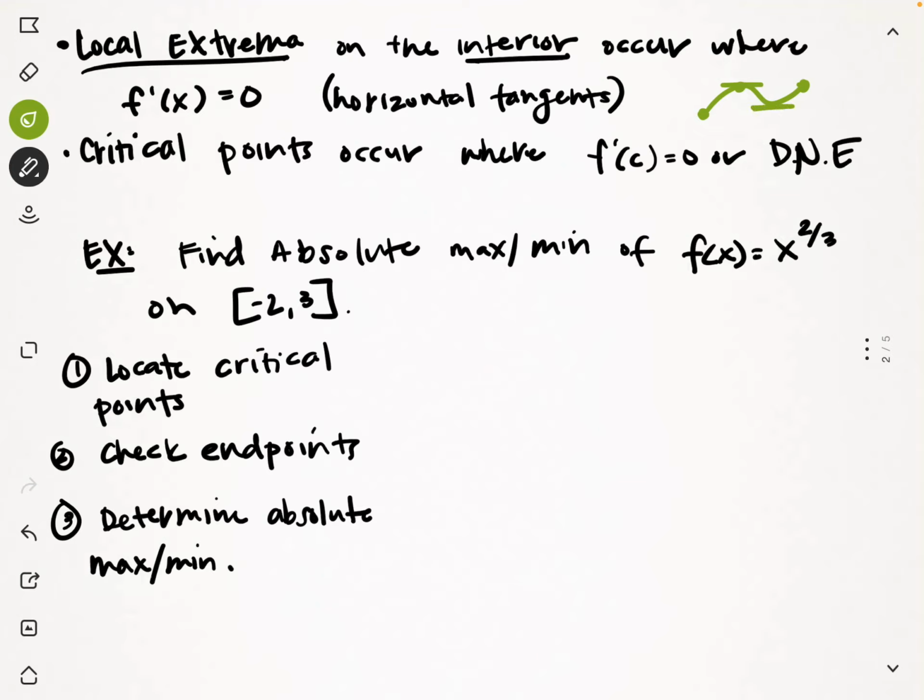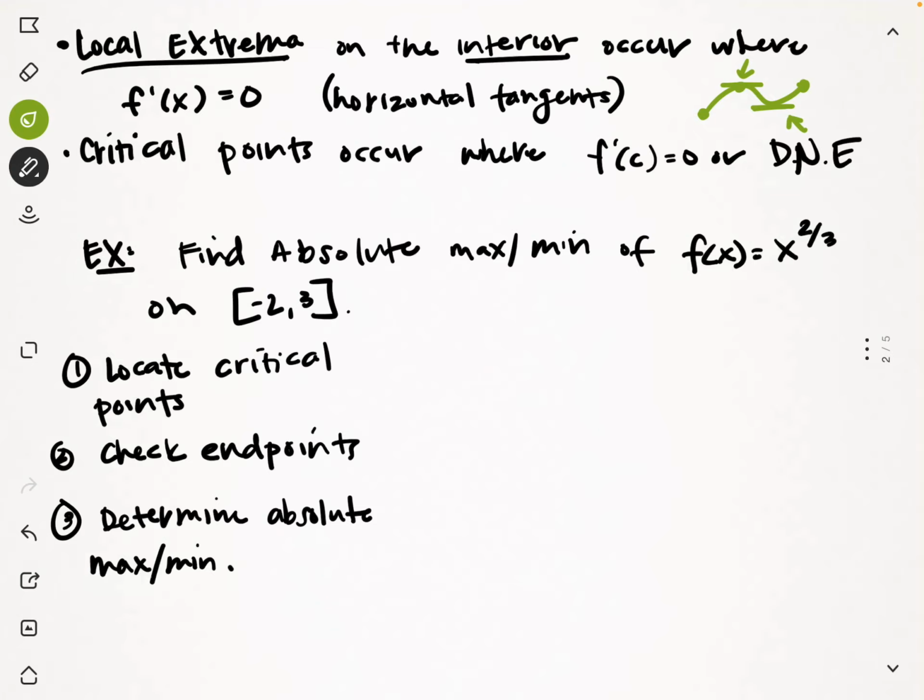So at these two points, the top of this mountain and the bottom of this valley, we'd have horizontal tangents where f prime of x is equal to 0. So we use our derivative to find where our local extrema occur.